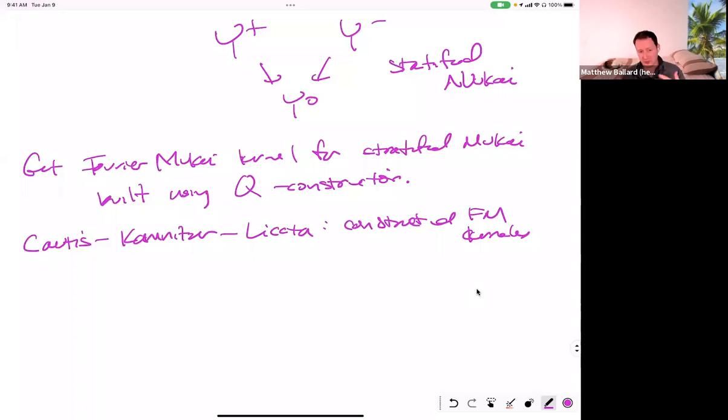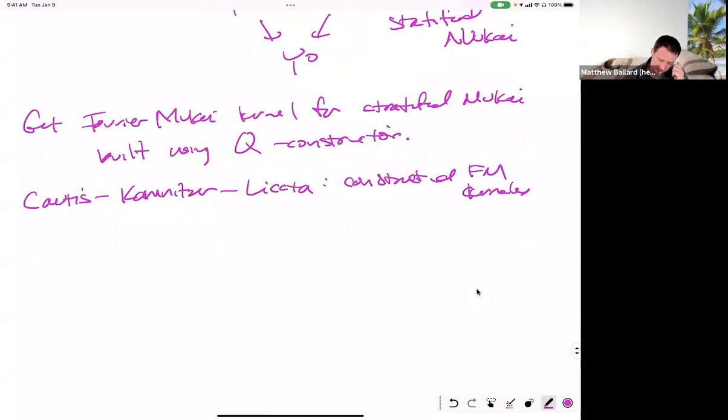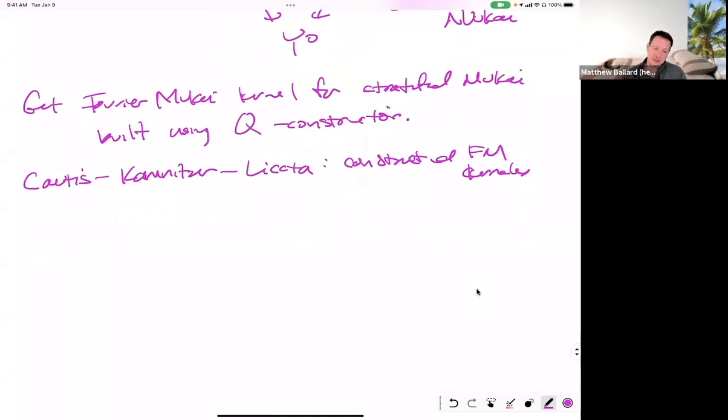So the CKL kernels are the qualifications of the fiber product itself. These seem to be honest complexes. And so, moral of the story is that the fiber product itself does not give an equivalence for stratified Mackay, but it turns out that you can use the fiber product of a matrix factorization model for it and get out a Fourier-Mackay kernel.